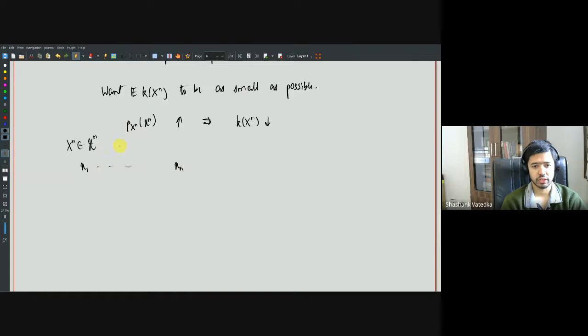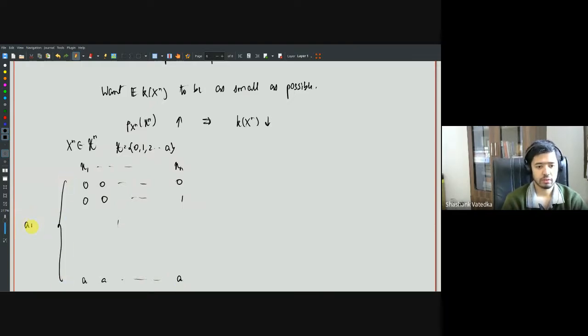If I assume that script X is 0, 1, 2 up to A, so the source alphabet has size A plus 1, then this would be all zeros, 0, 0, 1, and so on, all the way up to A, A, A, A, A, A, A. Okay. So there are (A plus 1) to the n possible sequences, and each sequence has length n, right?